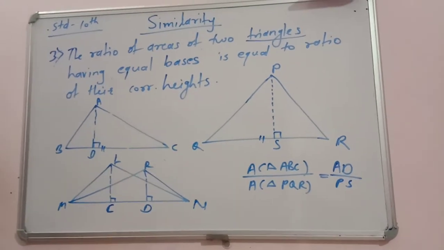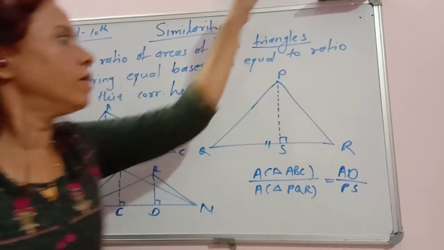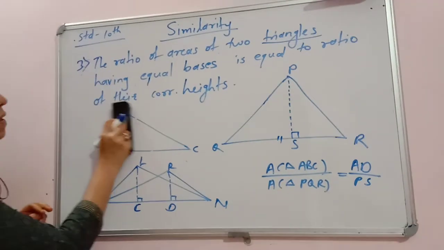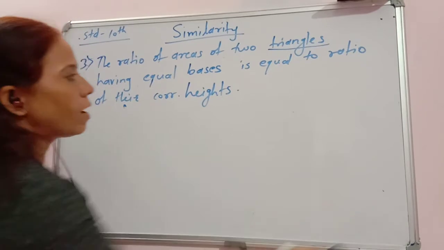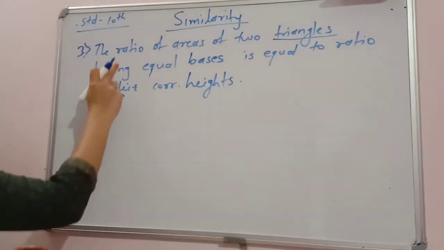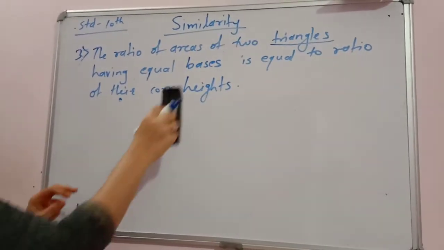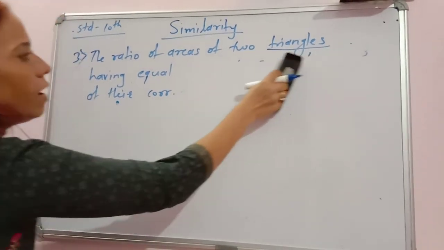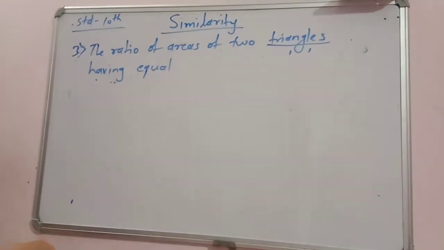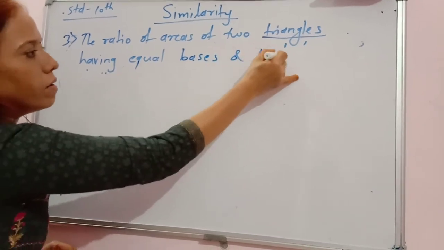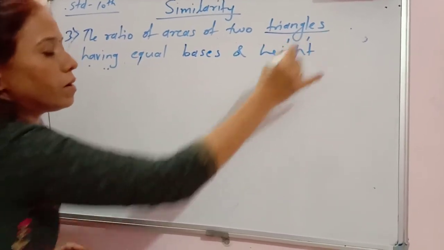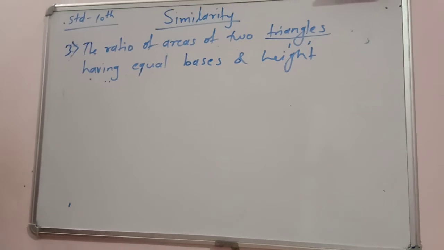And the last one, when two triangles have the same base and the same height, then what will happen? The ratio of areas of two triangles having equal bases and heights. If they have equal bases as well as heights, then what will be the condition? Their areas will become equal.